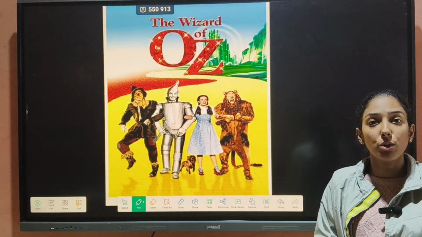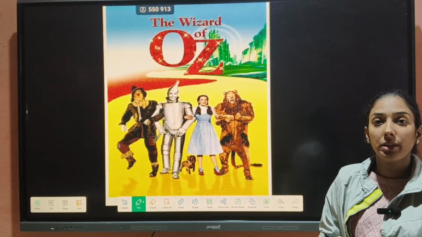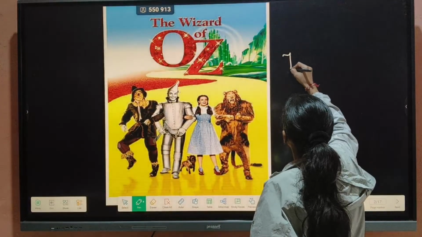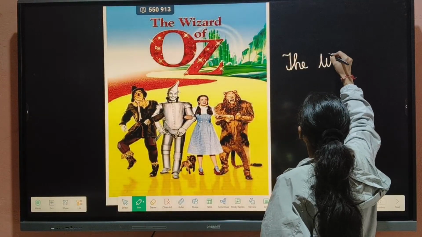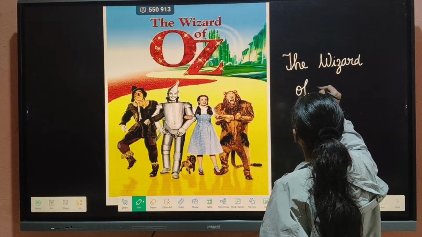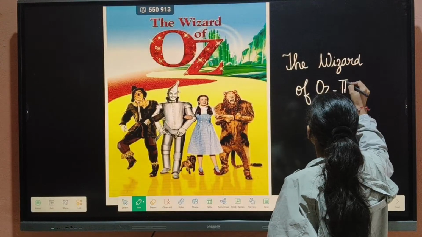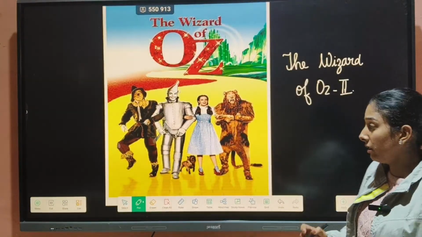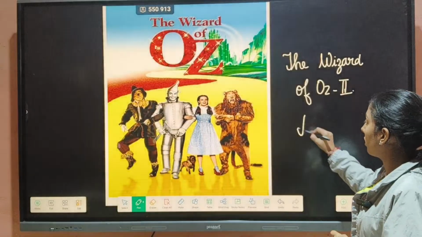That is The Wizard of Oz Part 2. Okay? So, Vidya, in this chapter, The Wizard of Oz, it is Part 2. In Part 1, we have seen that this chapter is about a girl.